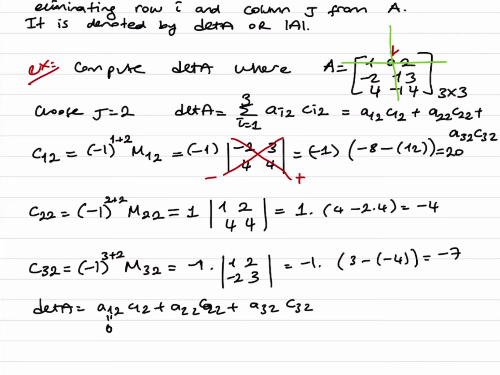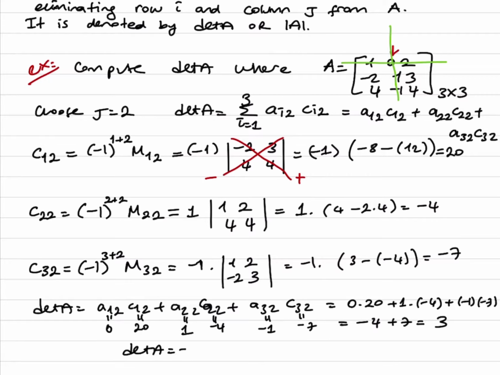And what about c12? We found 20, and we found minus 4, minus 7. So 0 times 20 plus 1 times minus 4 plus minus 1 times minus 7. So we have minus 4 plus 7. So the determinant of A is 3.